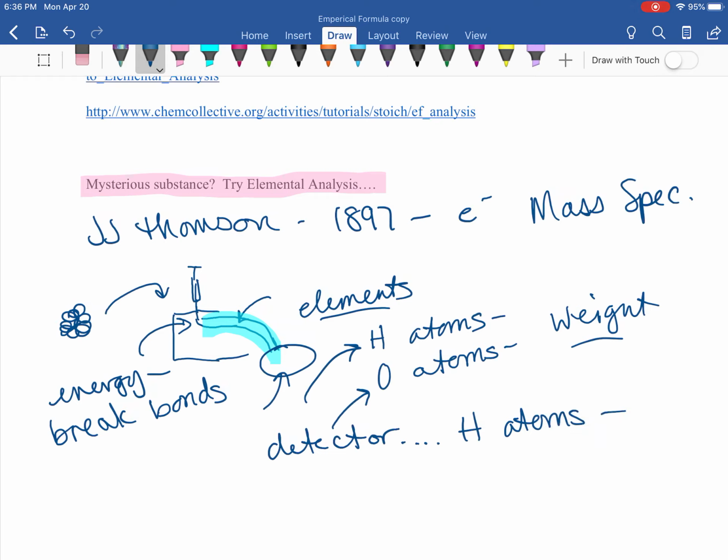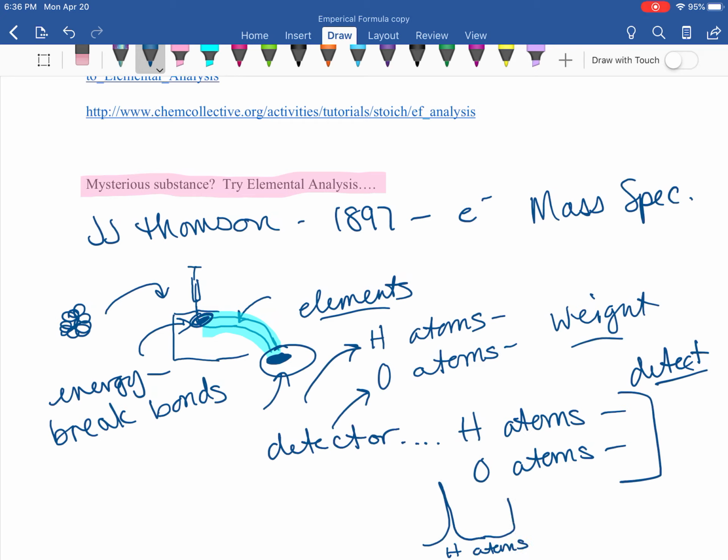In general, what's going to happen is your hydrogen is probably going to hit first. So maybe those hydrogen atoms travel just a little bit faster and they're going to hit that detector first. And then maybe your oxygen atoms are going to hit that detector a little bit slower. Well, if you've got a pretty fancy instrument, this is how you can actually detect which atoms are which. It depends on their speed. How fast could they get from here to here? And then what happens is a little bit of calculus.